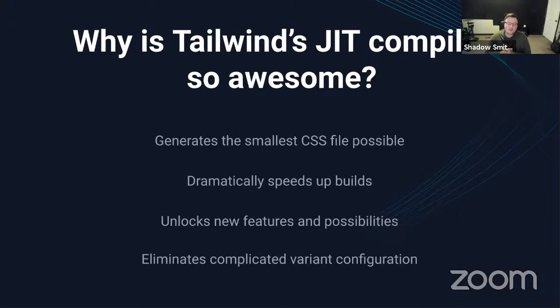But with Tailwind's JIT compiler, it actually looks at what you're using in your template and only generates the CSS for the Tailwind classes that you use. So it can dramatically cut it down to milliseconds from 6, 7, 8, 9 seconds of build time.